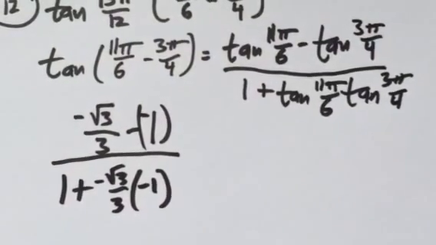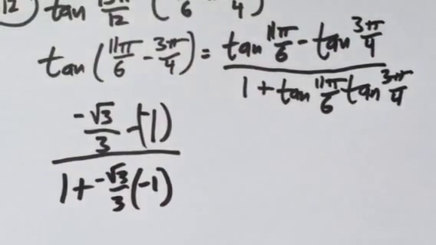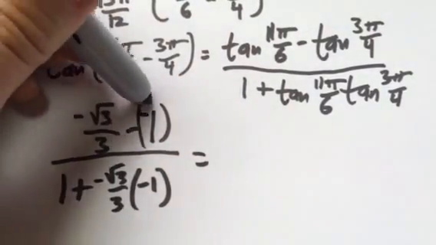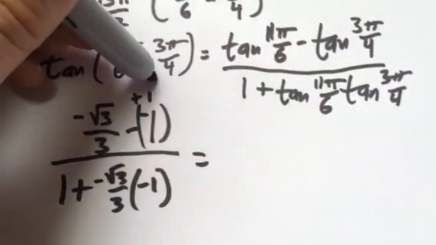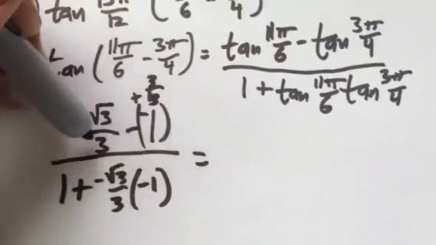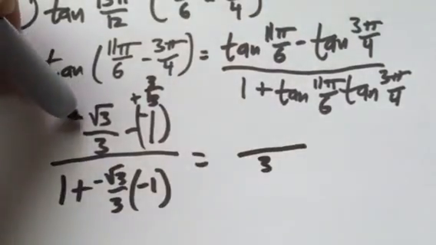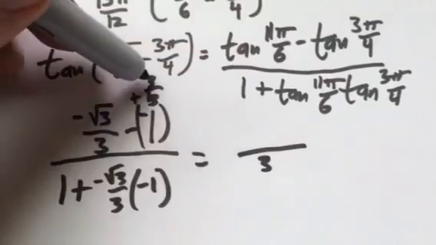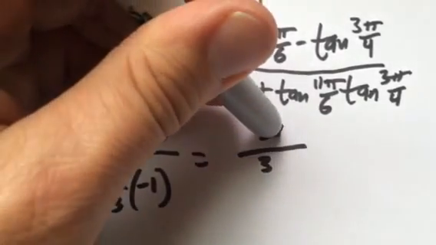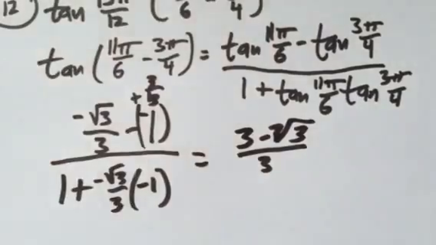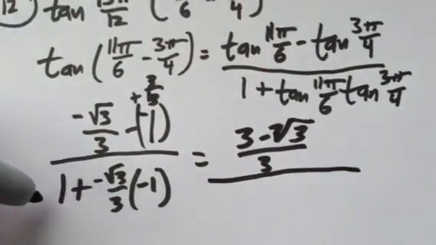All right, so now I have all my pieces. So let me think about this. I mean, this is really a plus 1. I'm going to think of that 1 as a 3 over 3, so that I can add these fractions together. Same denominator. And this is negative root 3 plus 3. Root 3 plus 3. I'll just write it that way. Over. Same thing here.